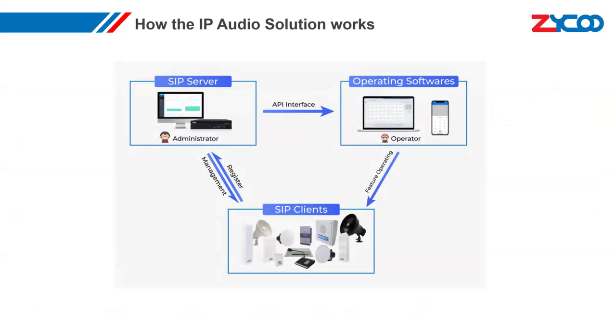Some API interfaces are provided by the SIP server to the operating software. Operators are in charge of this part, and they can perform some operations on the clients. The clients are the terminals, and they need to be registered into the SIP server for centralized management.